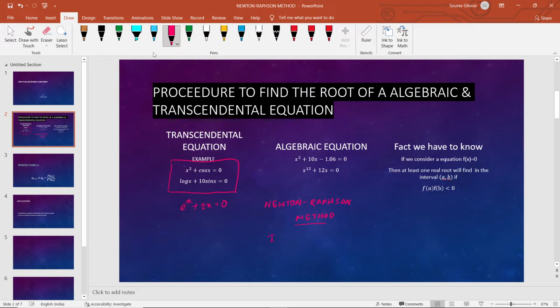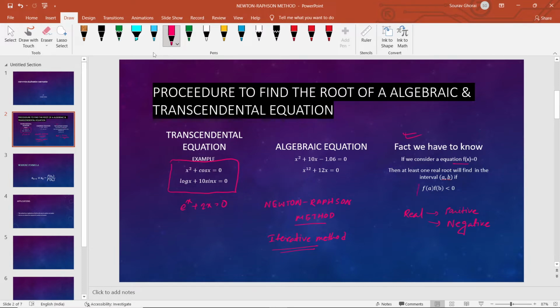This is an iterative method, and there is something we have to know here. If we consider an equation f of x is equal to 0, then we can see that there is at least one real root. A real root may be positive, it may be negative. So how can we find that the root is lying in the interval?